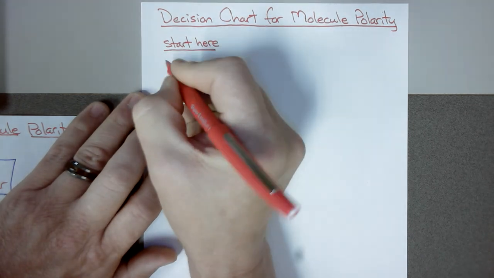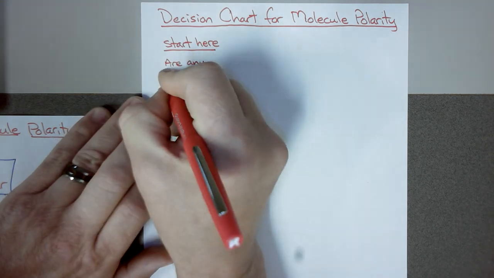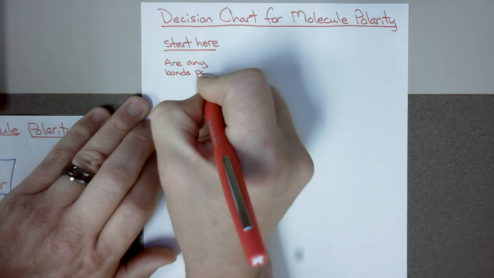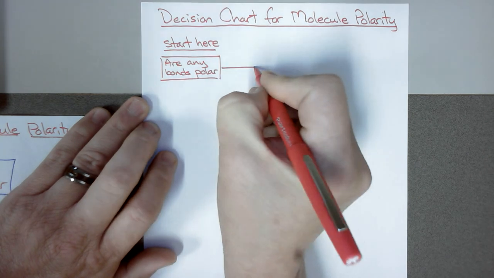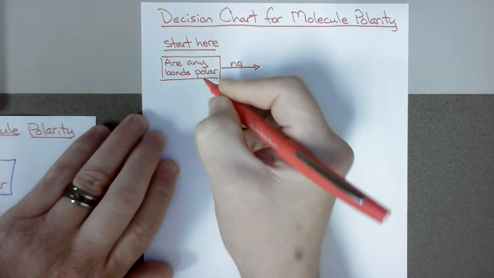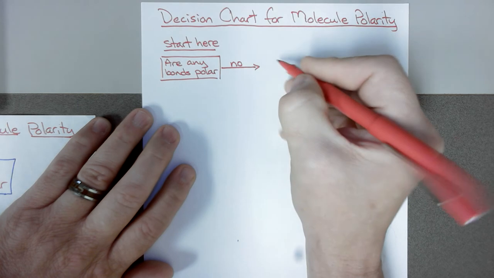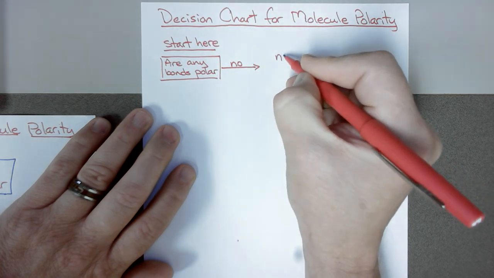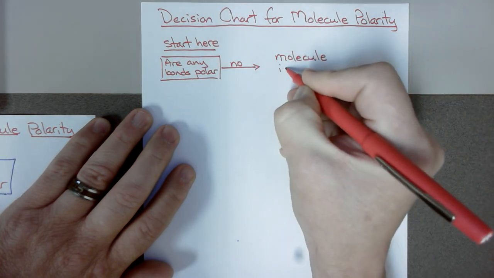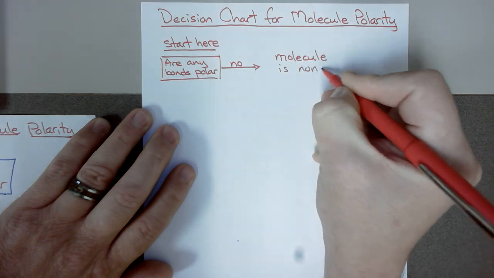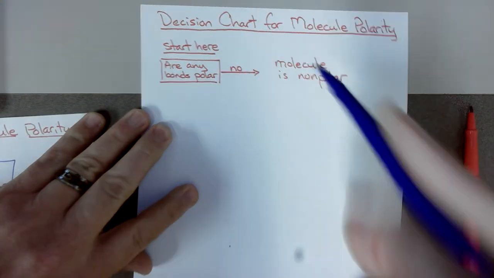Are any bonds polar? So we have a decision. If it's no, we're going to go this way. So if there are no polar bonds at all, then the molecule is nonpolar, because it doesn't have any polar bonds. So that's one decision here.